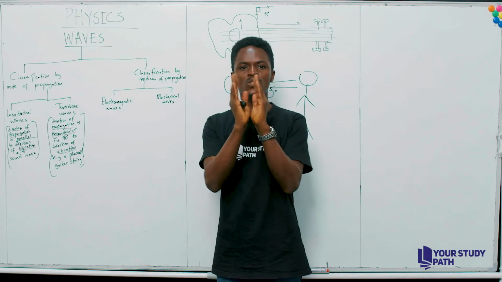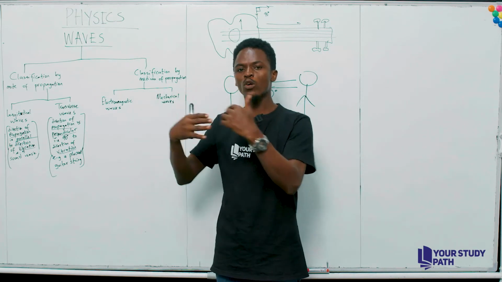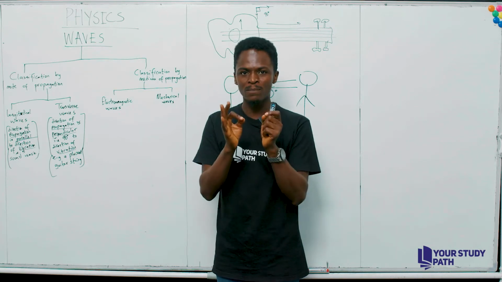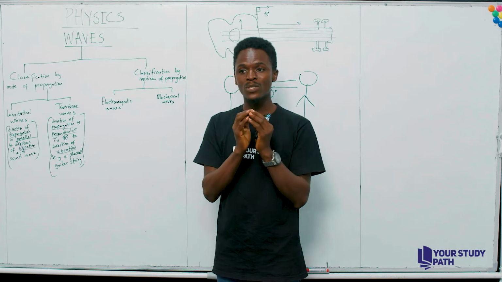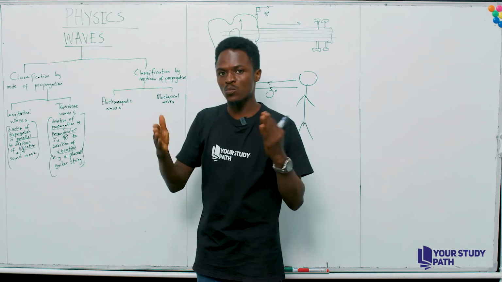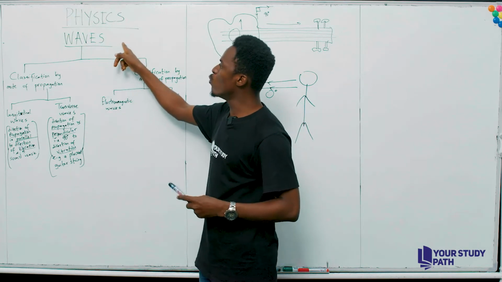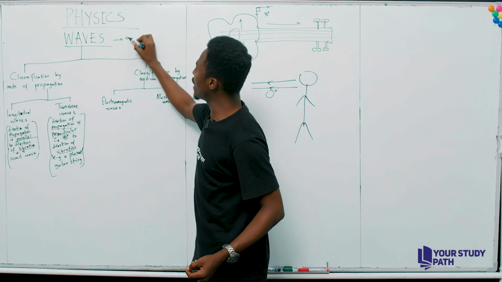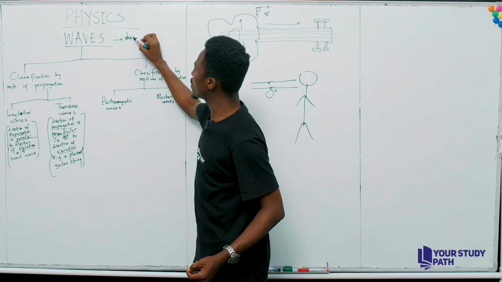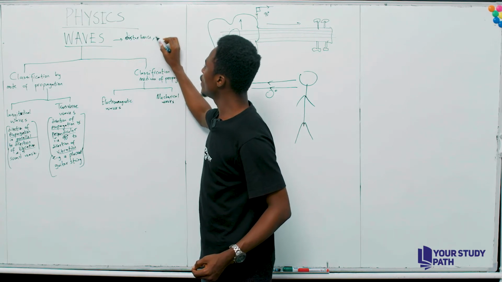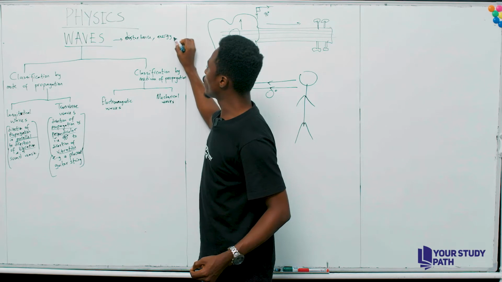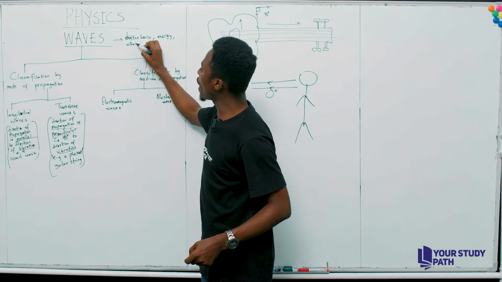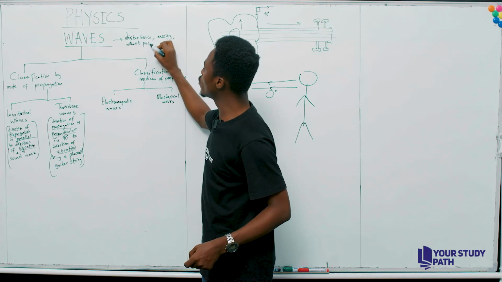So when you are creating a summary, a key point of all you have in your textbook or having watched this tutorial, note the keywords, because your smartness entails summarizing big things into smaller things. For waves itself, the key things to note: first and foremost, a wave is a disturbance. It transfers energy from one point to another in a medium without permanent displacement.